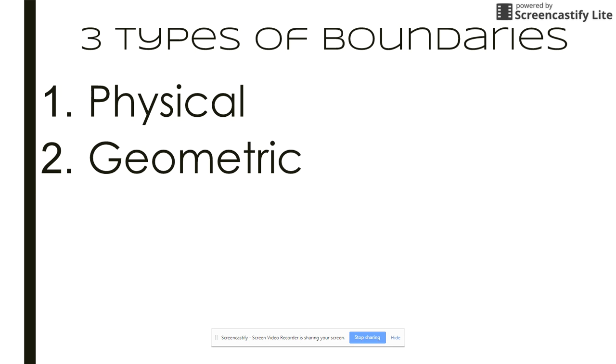A geometric boundary line generally follows a straight line. It generally has very little to do with cultural landscape, and instead uses some simple ideas like longitude and latitude. We can see North Korea as an example of a geometric boundary line divided at the 38th parallel, and then Canada, which we already kind of talked about today, the difference or the boundary line between Canada and the United States as well.